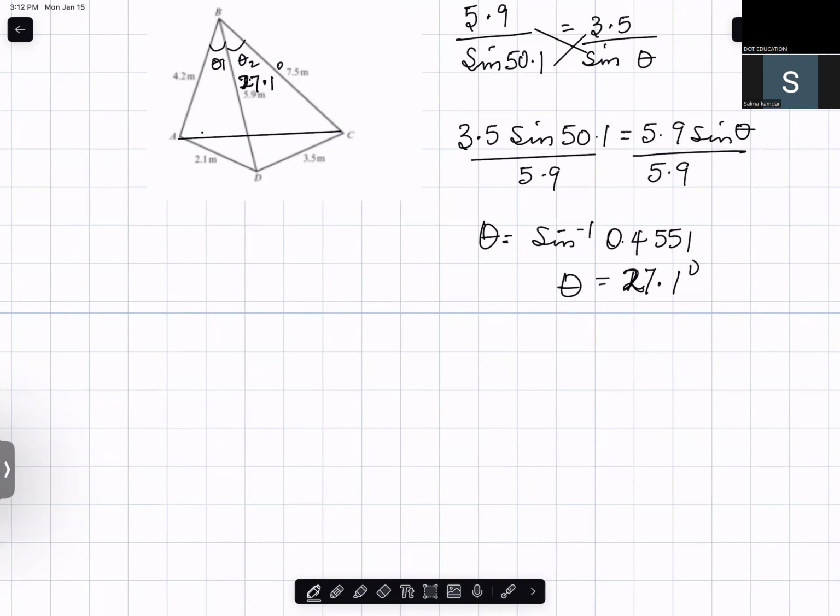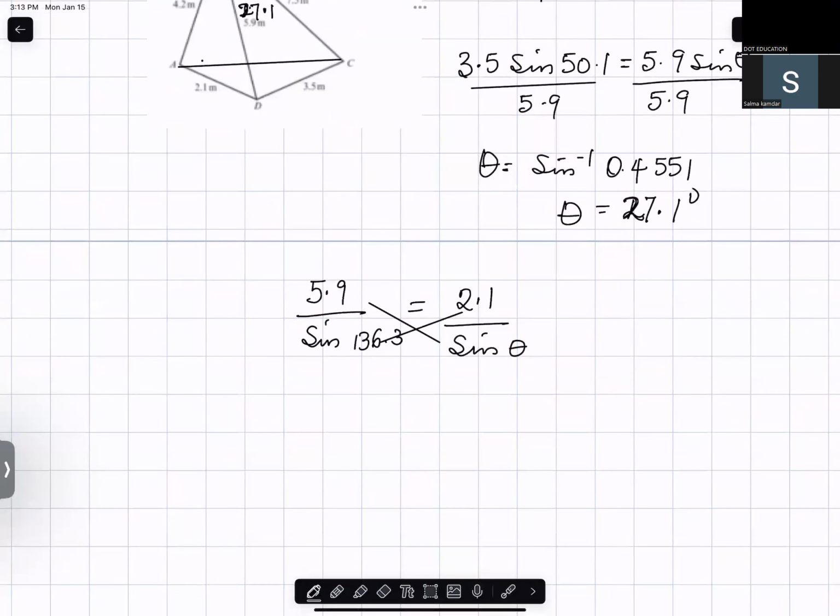Looking for the other angle here, using the same sine rule, we have 5.9 over sine 136.3 equals 2.1 over sine theta. So cross multiply: I have 5.9 sine theta equals 2.1 sine 136.3. Divide both sides by 5.9.